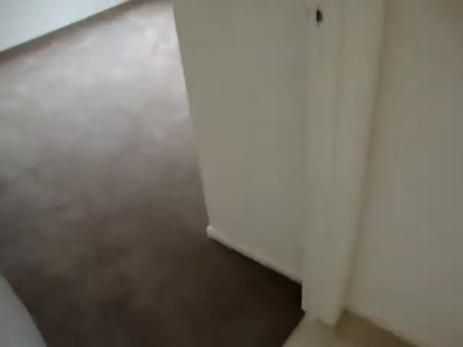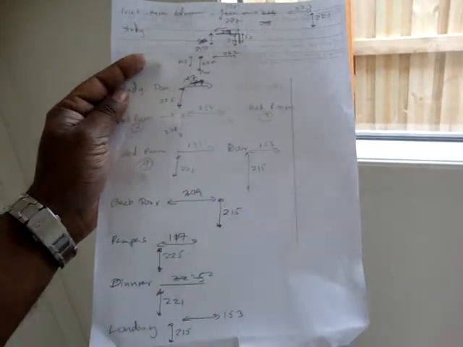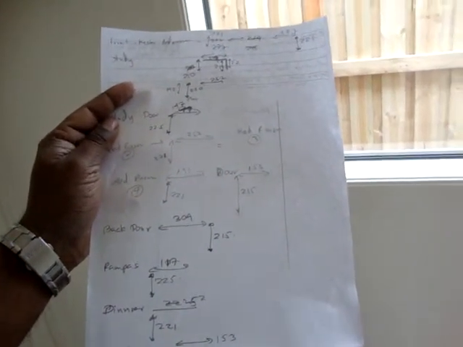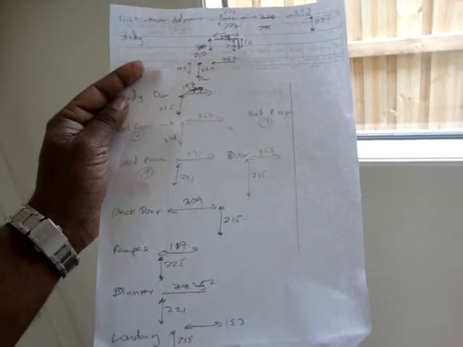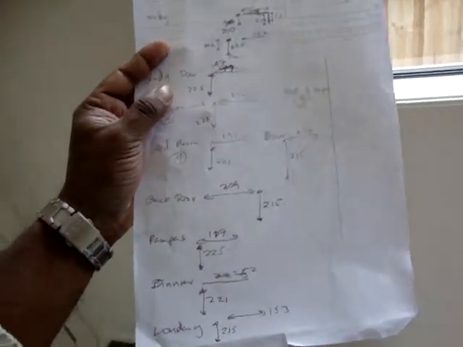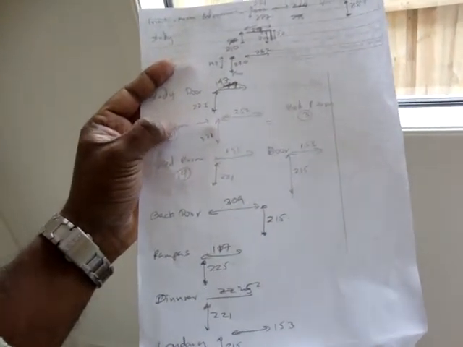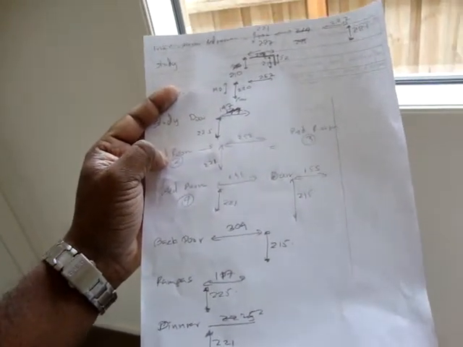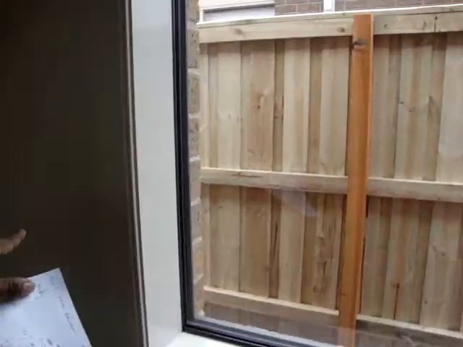Now I'm going to the fourth bedroom. The width of the window is 191 centimeters, from here to here, the frame.